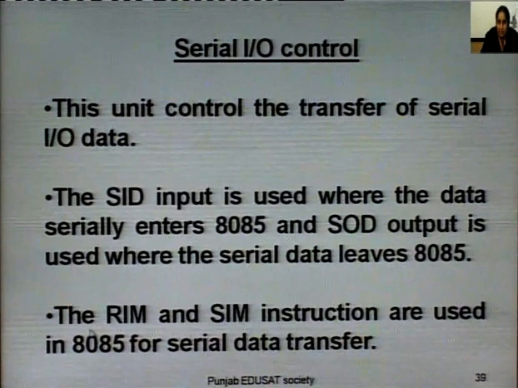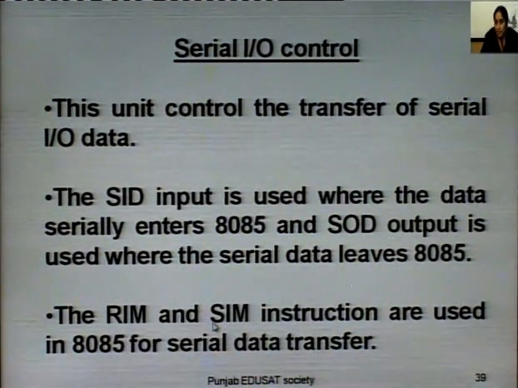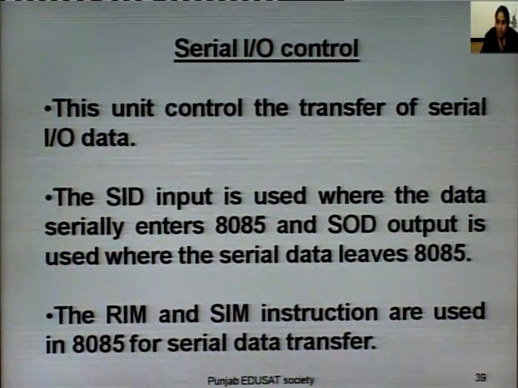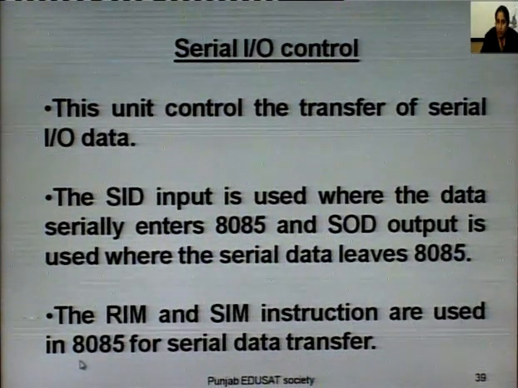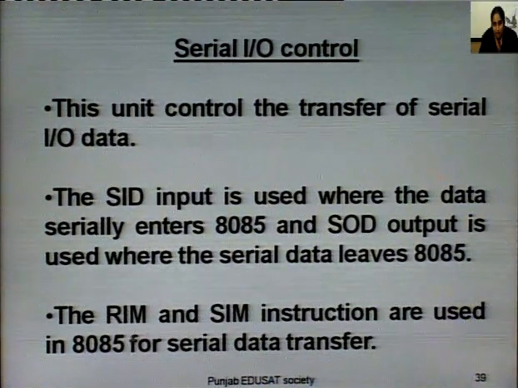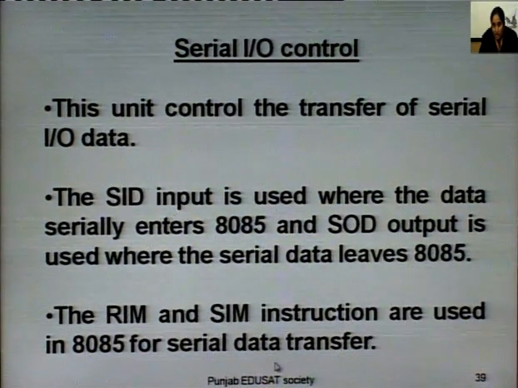The RIM, that is read interrupt mask, and SIM, that is set interrupt mask, instructions are used in 8085 for serial data transfer.